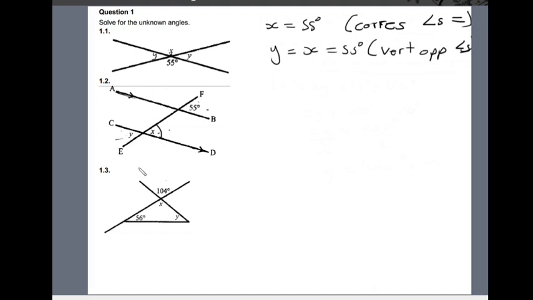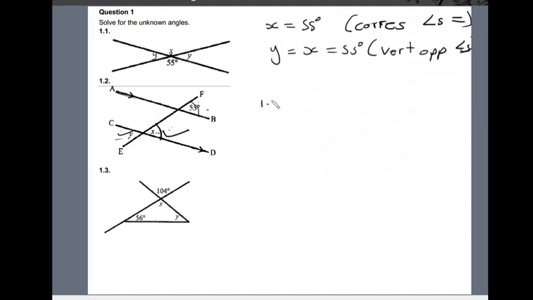So in 1.2, you see that you have parallel lines, and you have this angle corresponding to that angle, and you know that corresponding angles are equal. And then after you have this angle x, you can get angle y because angle x and y are vertically opposite, and we know that vertically opposite angles are equal, right?